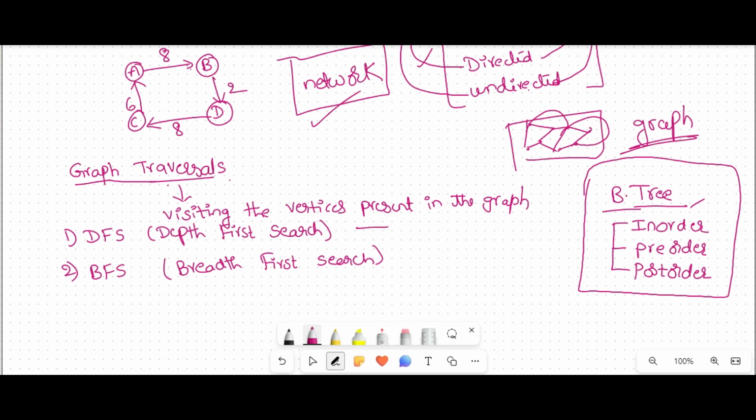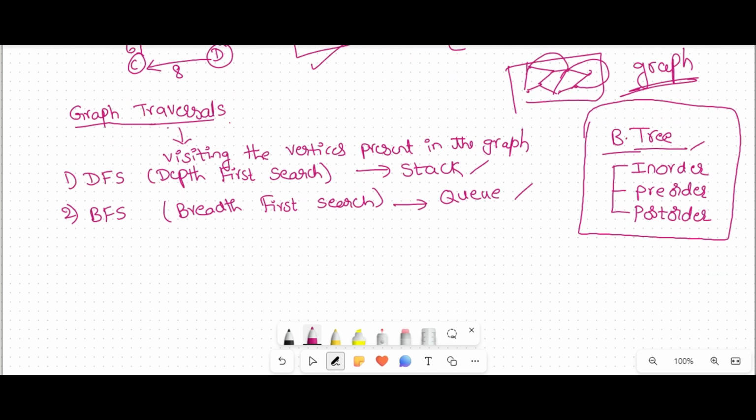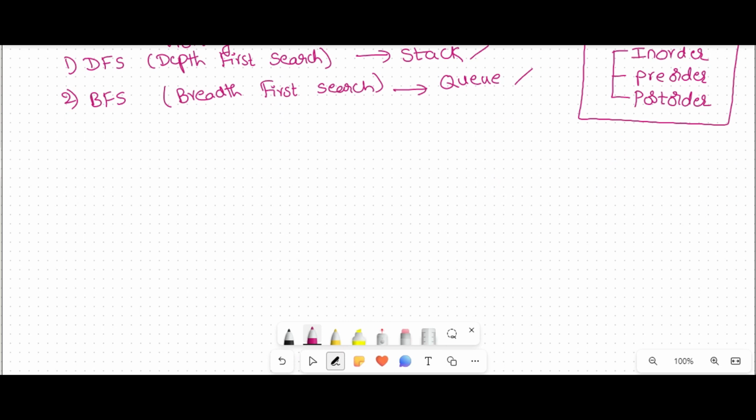Remember, the data structure used in depth first search is a stack. The data structure used for breadth first search is a queue. If you have not seen my stack data structure video, please see the video on the operations performed on stack. If you have not seen the queue data structure also, please see the queue data structure and operations performed. Okay, now coming to them one by one. Depth first search.